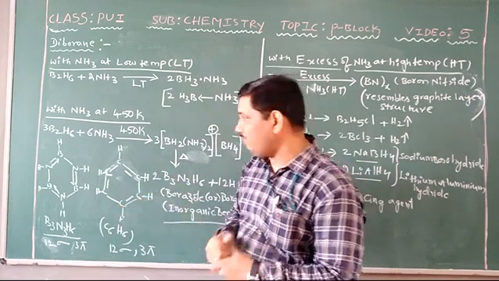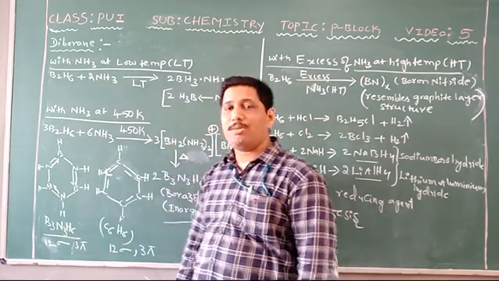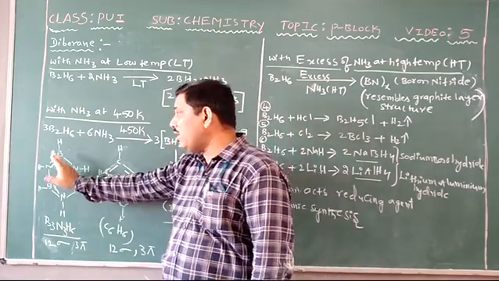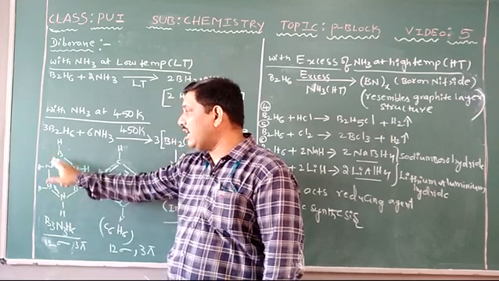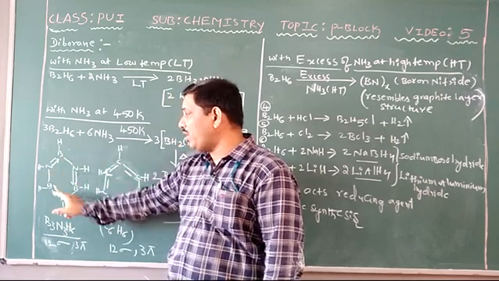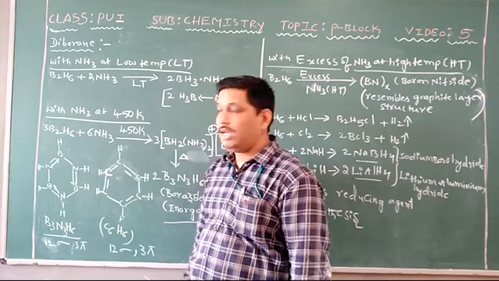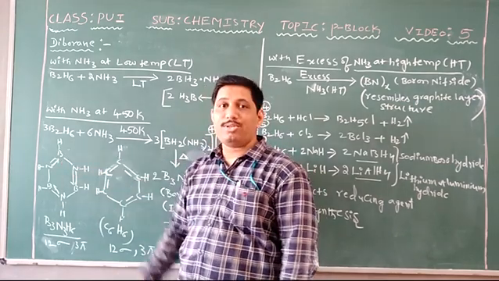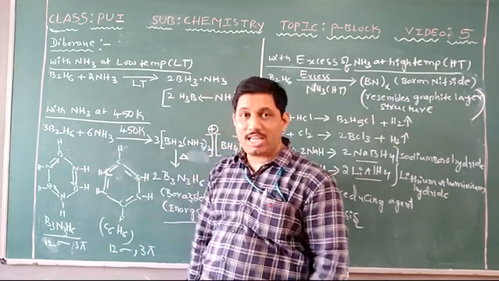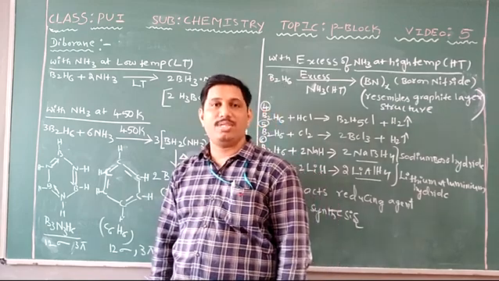That is the well-known structure. And borazine or borazole: here the boron and nitrogen atoms are arranged alternately, and each boron and nitrogen atom is bonded to one hydrogen atom.